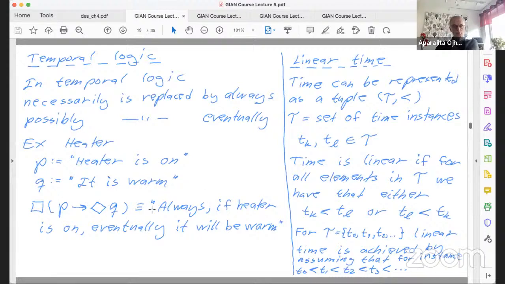And this is a more expressive and true condition. We don't say exactly how long it will take. So this is not a quantitative expression, it's more a qualitative expression, saying that in some time, finally, eventually, it will be warm.